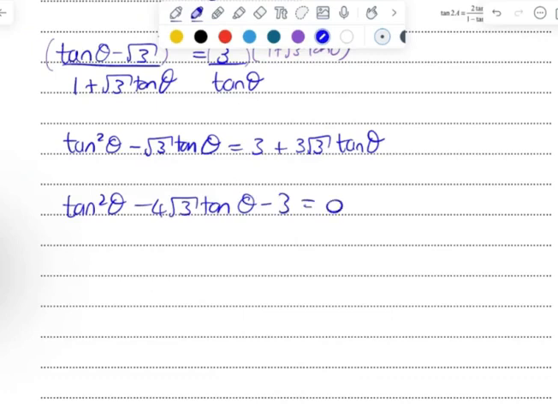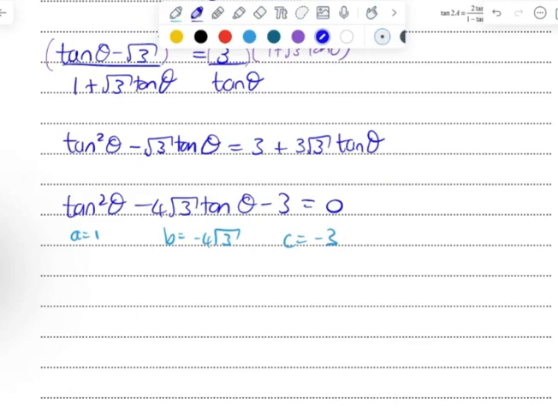And here you can see we've got a quadratic in tan. So if we were just to take a look at our a, b, and c values, I'll just write them down. Our a is equal to 1, our b is equal to minus 4√3, and our c is equal to minus 3. I think the easiest way to solve this is going to be using the quadratic formula, and that is going to give us an answer.